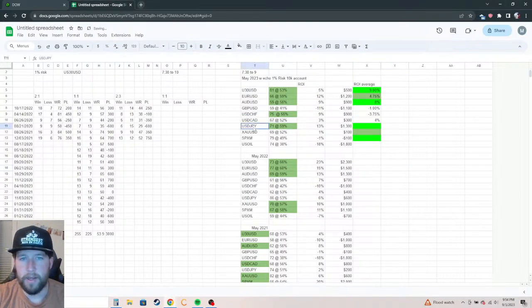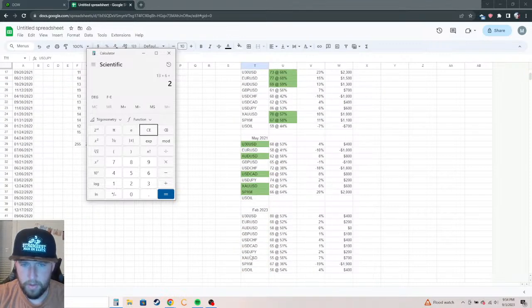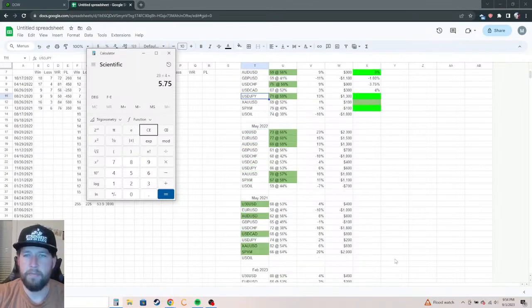All right, same thing for the US dollar yen. 13 plus 6 plus 2 plus 2. Divide by 4, that is 5.75.